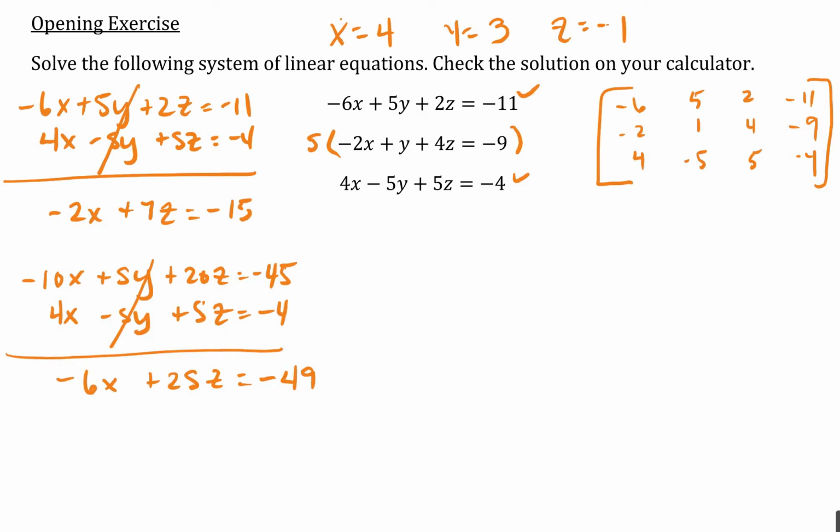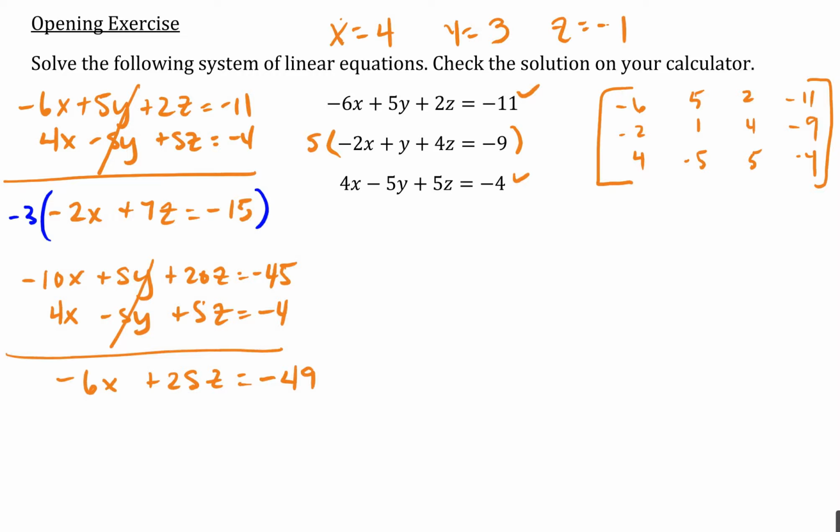Now I need to multiply something by one of those two equations so that the x's or the z's cancel. I notice that if I multiply this by -3, the x's would be 6x and -6x, so that would cancel.